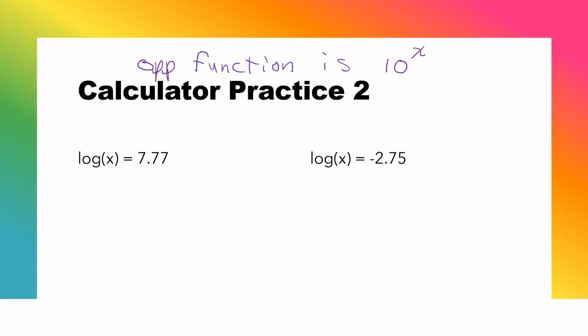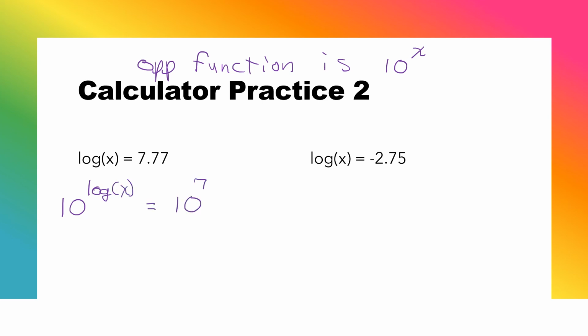Like if you're multiplying and you want to get rid of it, you divide by it. Well, if you've got a log of x, you take 10 raised to a power. And of course, if I do it to the left side, I have to do it to the right side. So I'm going to take 10 and raise it to the power of the log of x. And I have to do that to the other side as well.